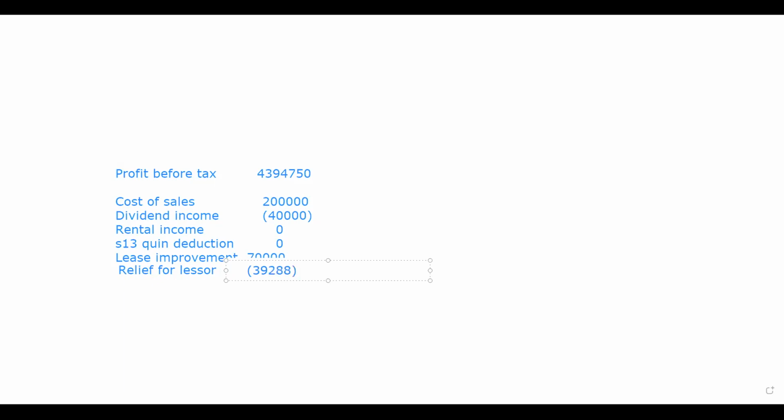Yeah, that's the relief. And then what are you going to write here? For the total column for the lessor, the total for the lease improvement is 70,000 minus this 39,288.